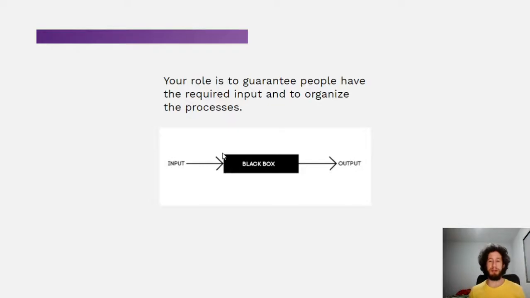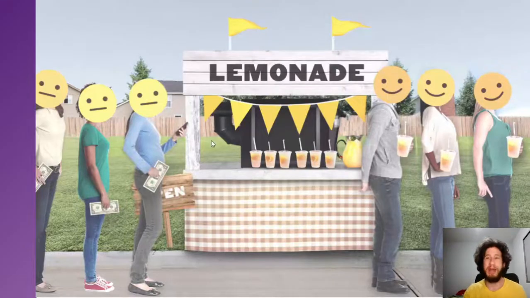This is why it's called the black box. If you want to know everything that is happening, how the customer is being served, also how the juice is being prepared, and you monitor every time a lemonade is being prepared, then you're not actually managing, you are micromanaging, and you're just a supervisor, right?